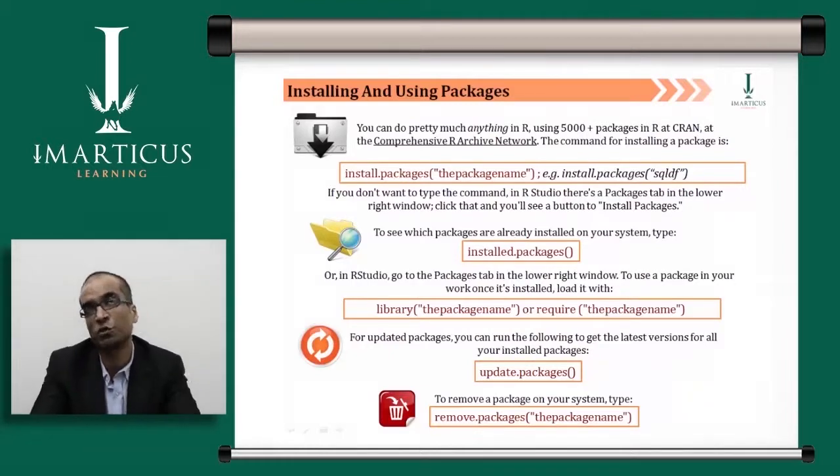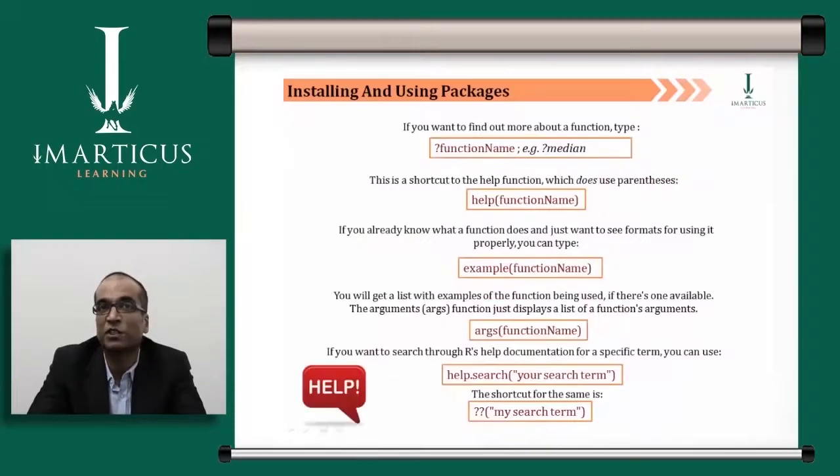For example, if I have to use a package called AMAP, we are not talking about what AMAP is, but supposing you want to use AMAP, or as it is listed over here, SQLDF, that means SQL data frames. If you have to use the functionality present in this package, you will just type install.packages and SQLDF or AMAP or any package which you want to install, and just press enter if you are in the console window, and if you are in the script window, you will press control enter, and that would start installing the package.